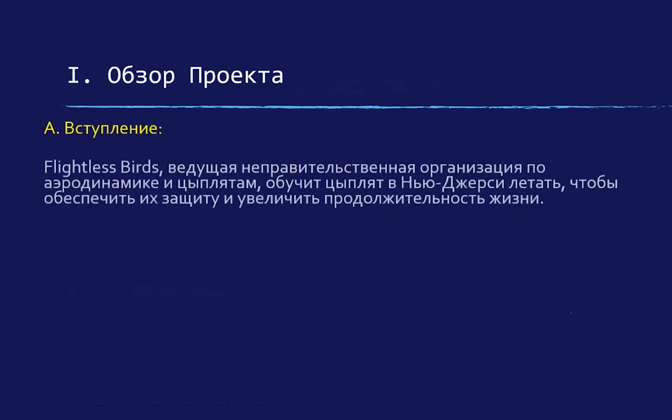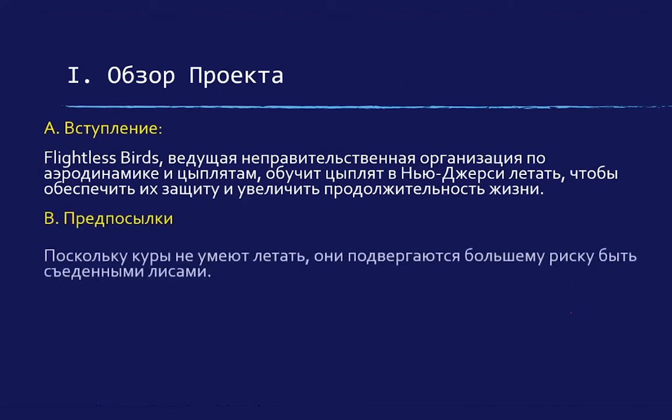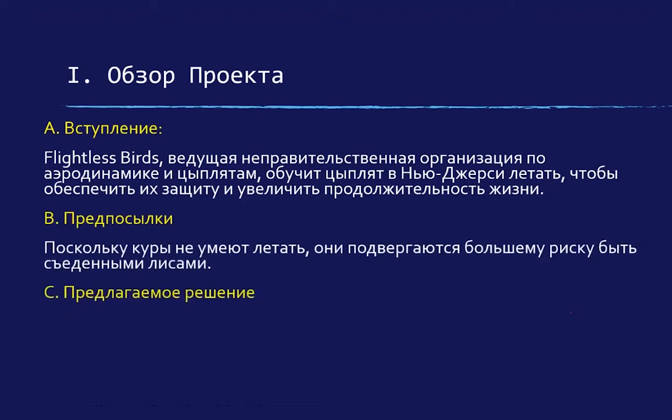So let's start. Knowing it's quite difficult to do a training over my proposal, here's the opening statement: it's really to teach chickens how to fly. So here's what I do. Flightless Birds, a leading NGO on aerodynamics in chickens, will train chickens in New Jersey how to fly to provide protection and lengthen their lifespans.